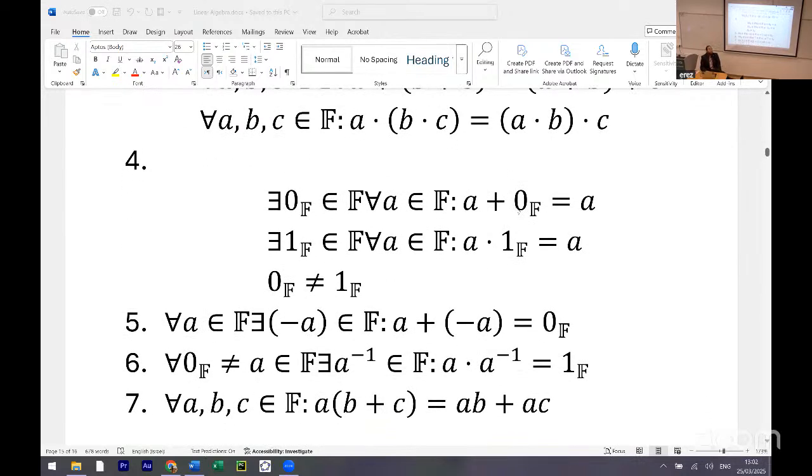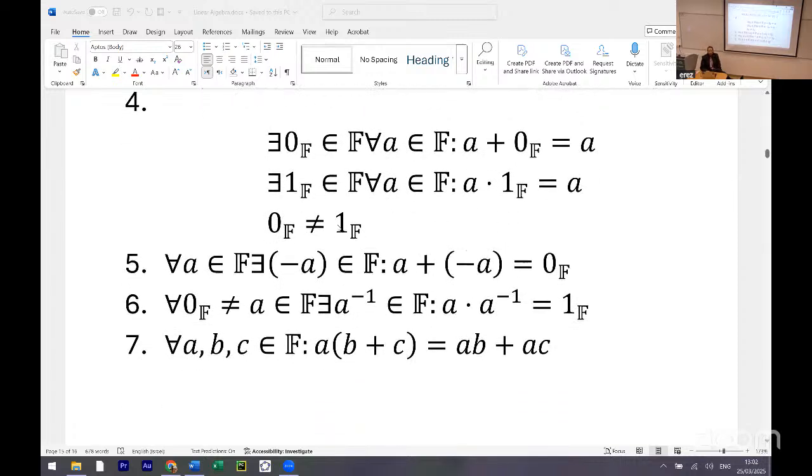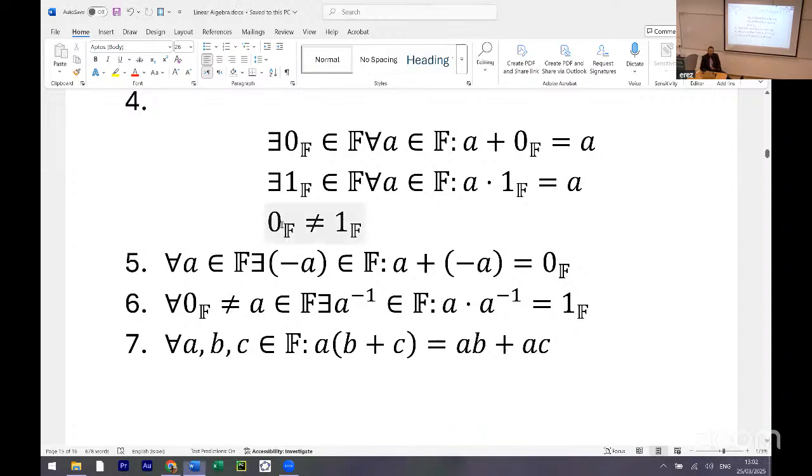There are neutral numbers. 0 is neutral for addition, and 1 is neutral for multiplication, and they are different from one another. So by this property, a field of numbers must have at least 2 elements, because it must have a 0 and it must have a 1, and they must be different from one another.